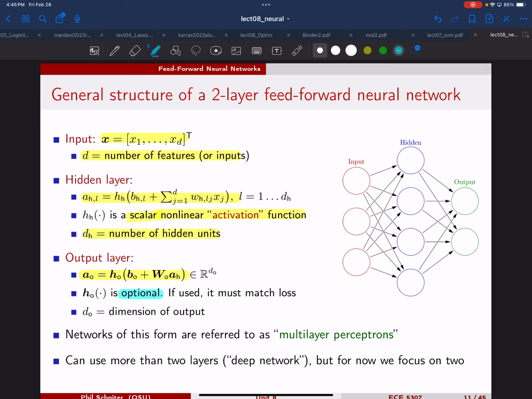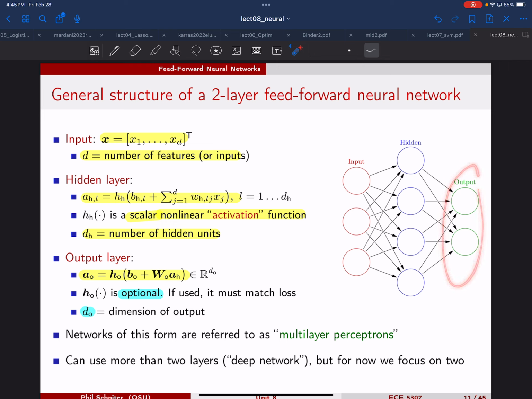In any case, the output itself is going to have a certain number of outputs. We'll call those d_o. And so if we're doing binary classification, typically going to have one output, which is just the class. But if I'm going to do classification among like 10 things like MNIST, then I'm probably going to have 10 outputs here.